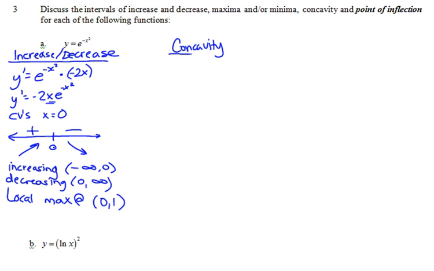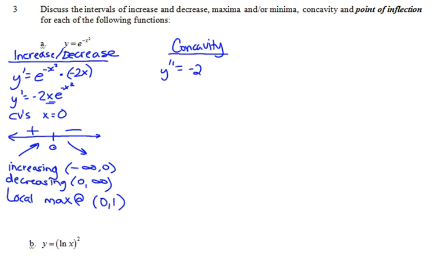Now, concavity. How do we get that? Very ugly derivative. Well, we can use product rule. All right, we have to derive this guy. So y double prime, derivative of negative 2x, derivative of negative, guys, negative 2.